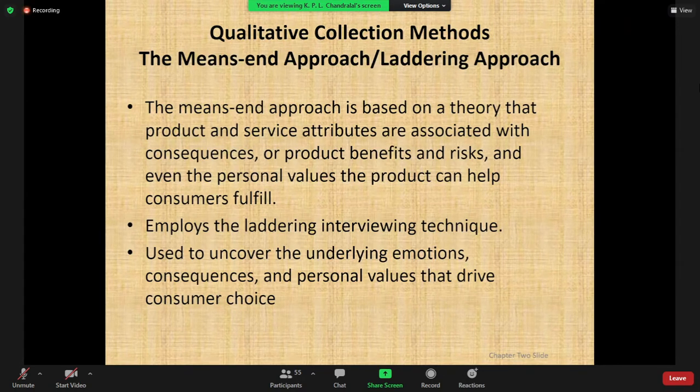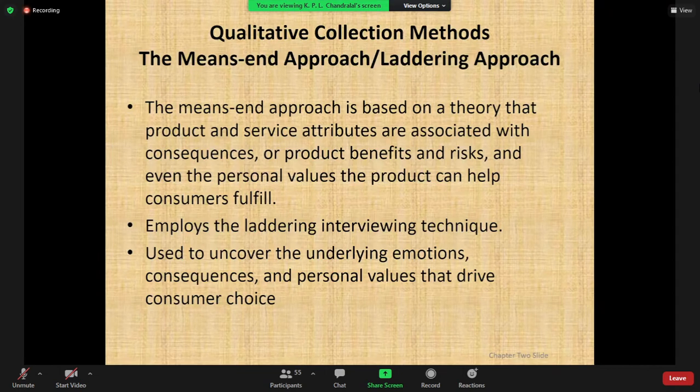So there we employ the laddering technique. We start with the means, and we ask probing questions, why, until we find the real reason behind the purchase decision.